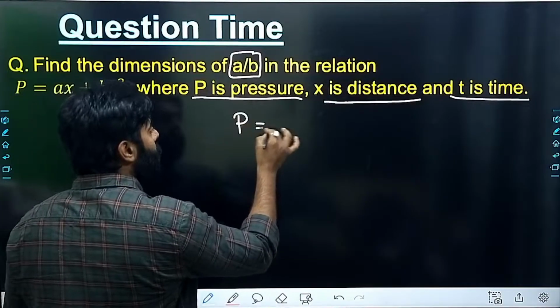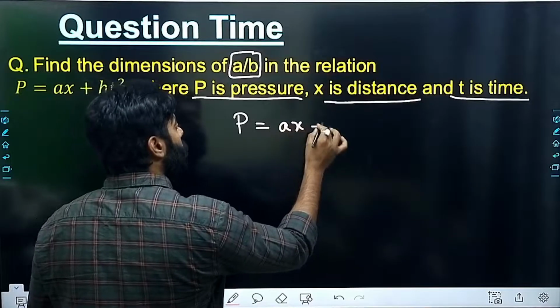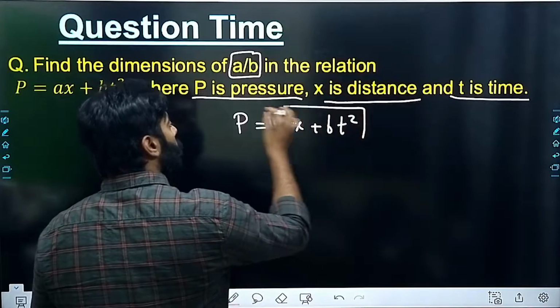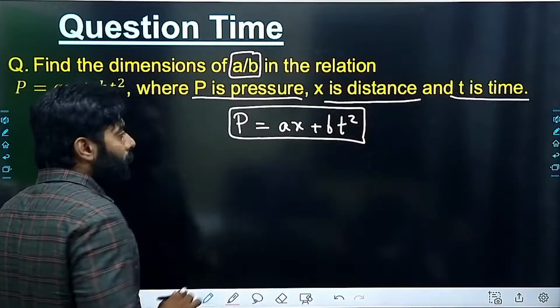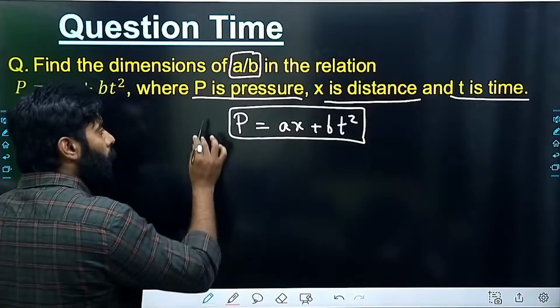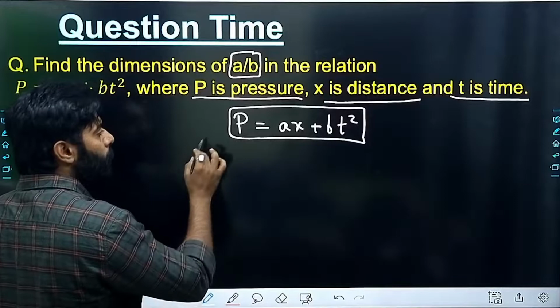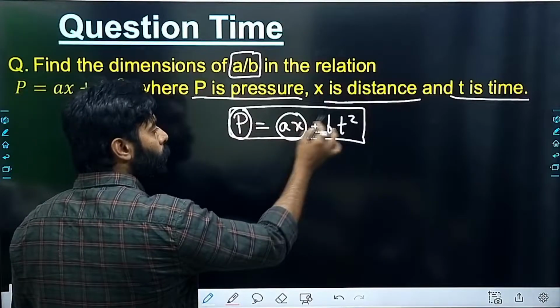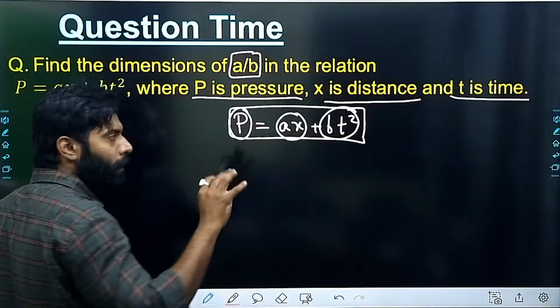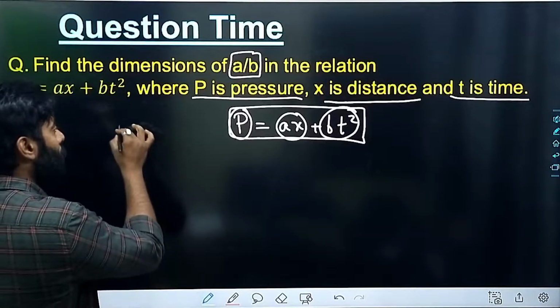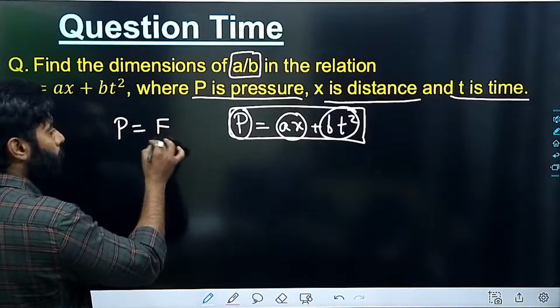So I'm writing this equation as P is equal to AX plus BT square. We have to find the dimensions of pressure, because all these terms will have the pressure dimension. The dimension of pressure is force upon area.